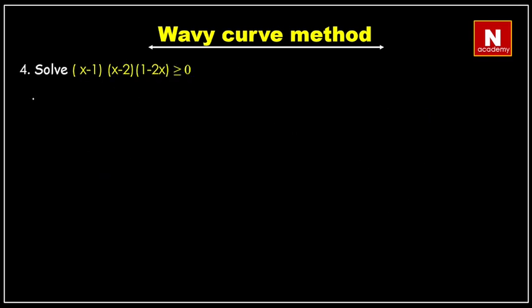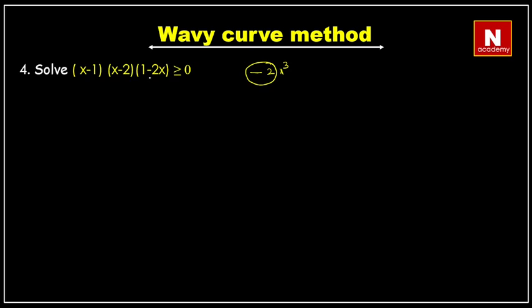Let us start problem number 4. Solve (x − 1)(x − 2)(1 − 2x) ≥ 0. First observe the leading coefficient, step 1: x times x is x², times −2x gives −2x³. Here the leading coefficient is −2, negative. First make it positive by multiplying this bracket with minus.